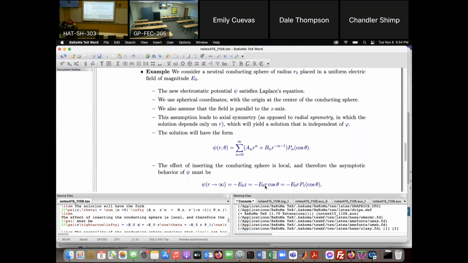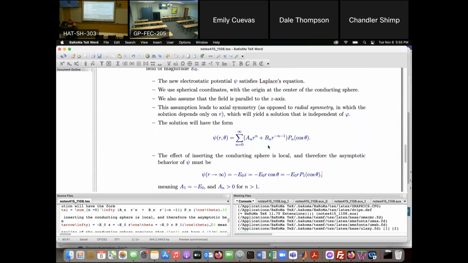Now, we want to express this in terms of Legendre polynomials. Keep in mind that P1, a first degree Legendre polynomial, is P1 of x equals x. So cosine theta can be rewritten as P1 of cosine theta. So the term for n equal 1 has to reduce to this.